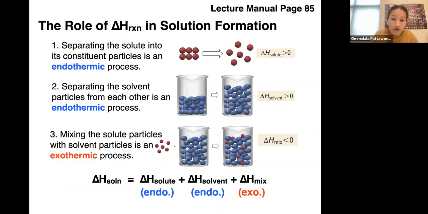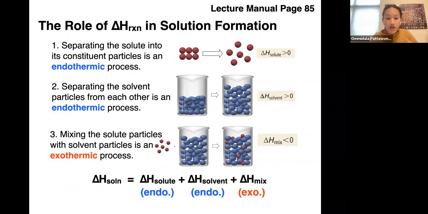It only depends on the final and initial state. So if you know each of these steps, you can just add them up, and that is going to be the overall delta H of the solution.